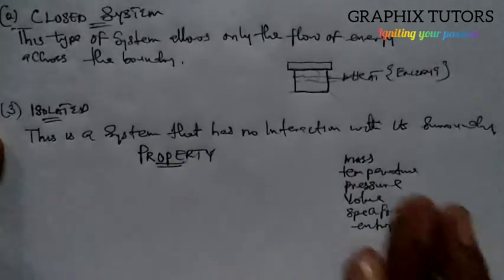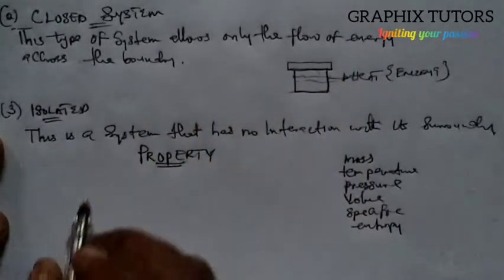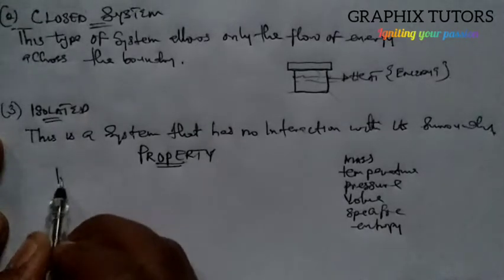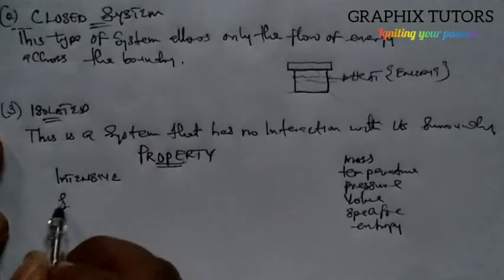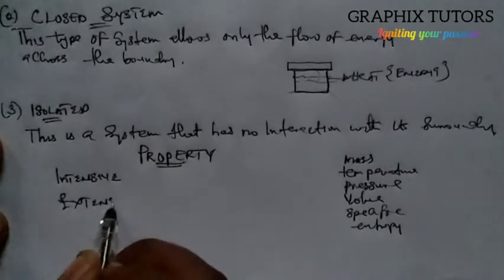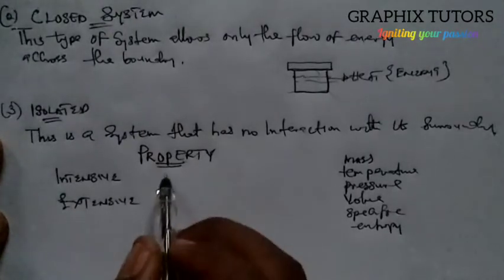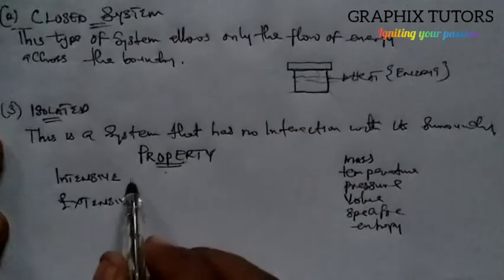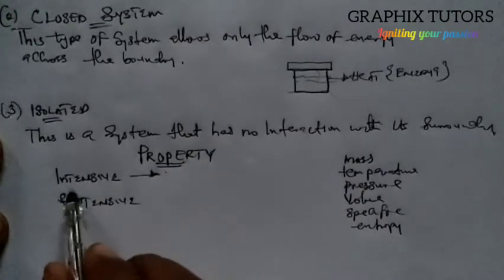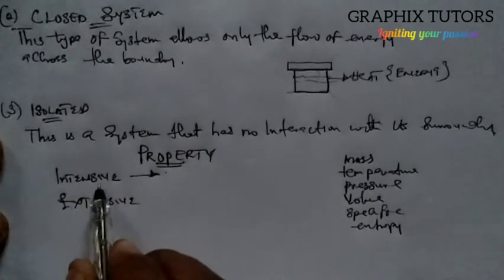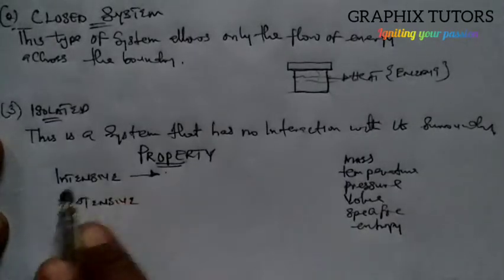So the properties of the system are classified into two. We have what is called the intensive property, and the extensive property. Those are the two categories of classification of properties, right? Now the intensive property is the property that is independent of the magnitude of mass present in the system. It doesn't depend on the magnitude of mass present in the system.